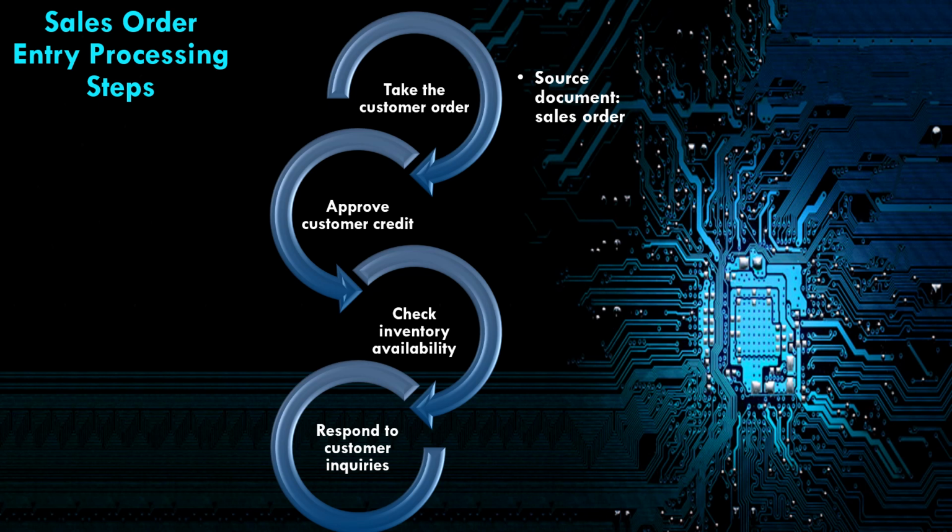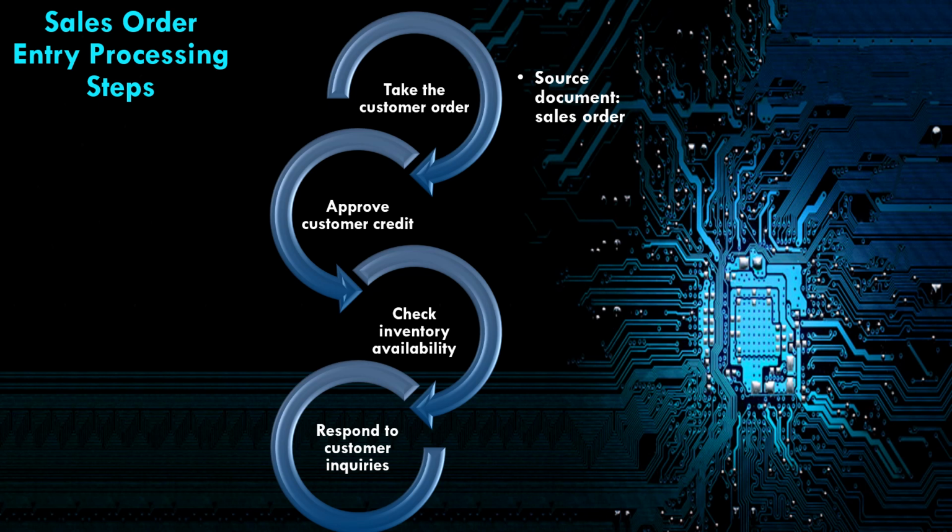Okay, so we start by taking the customer order and creating the sales order document. Then we check and approve the customer credit, and after that we check the inventory availability and stock pickup, or what we call picking the goods from the inventory. Then lastly, respond to customer inquiries.